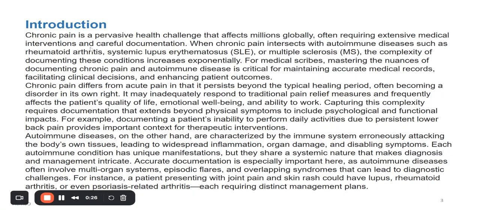Introduction. Chronic pain is a pervasive health challenge that affects millions worldwide, often requiring extensive medical interventions and careful documentation.